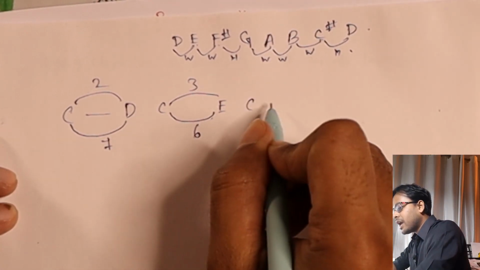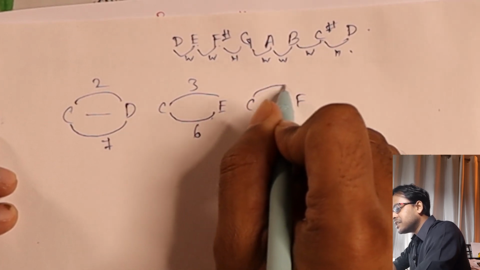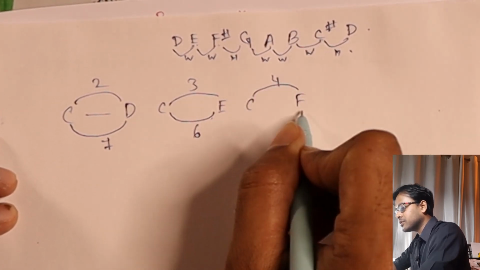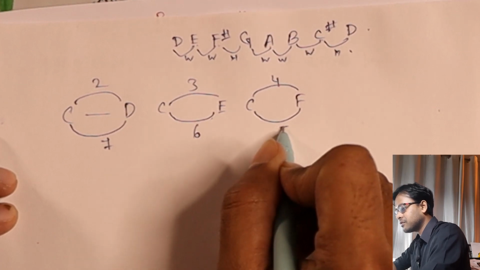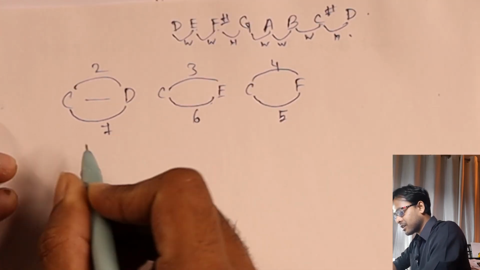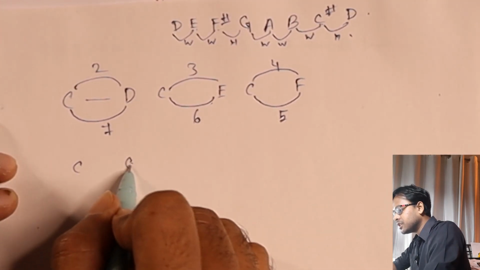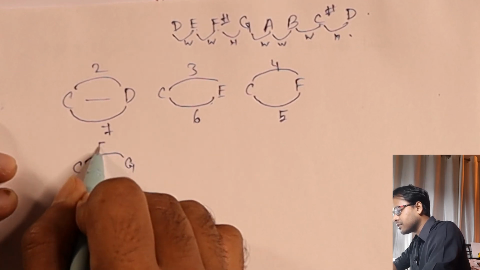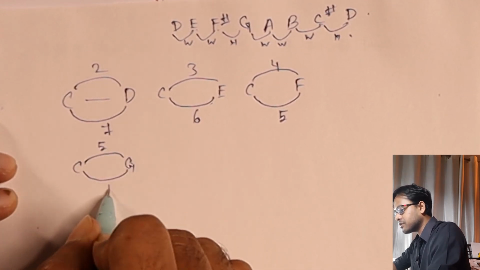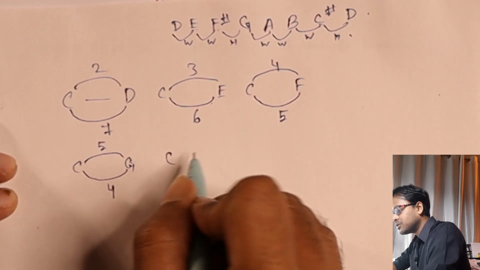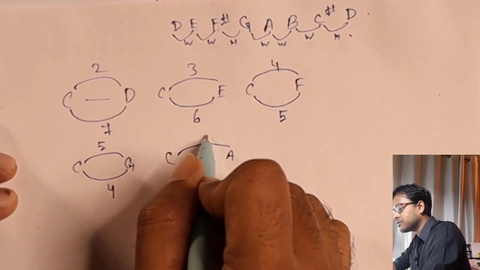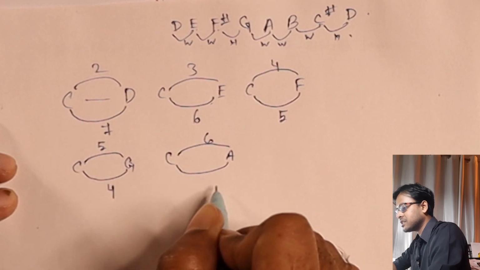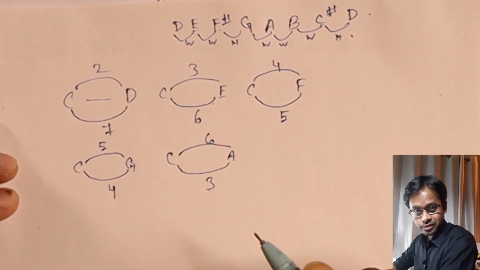So from C to F, it is an interval of 4. From F to C, it is an interval of 5. Continuing, from C to G, it is an interval of 5. And from G to C, it is an interval of 4. From C to A, it is an interval of 6. A to C is an interval of 3, a minor third.